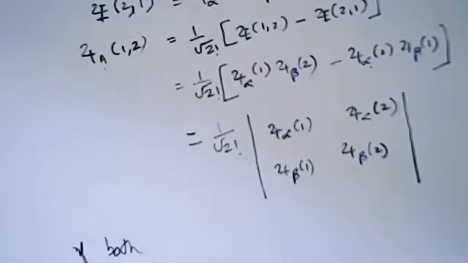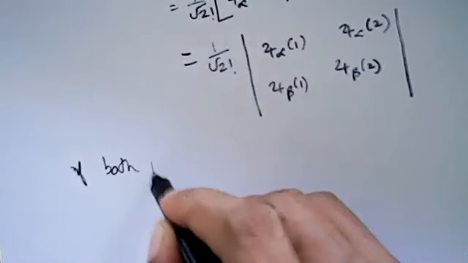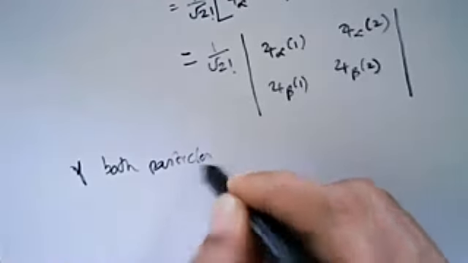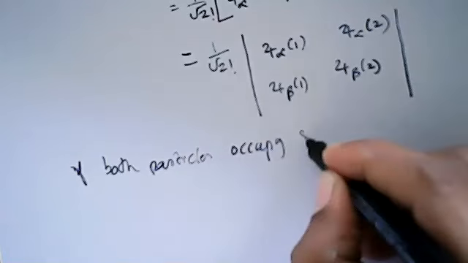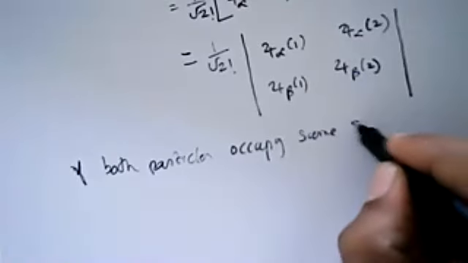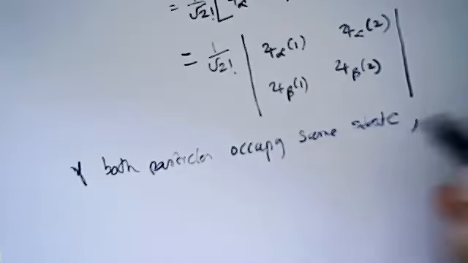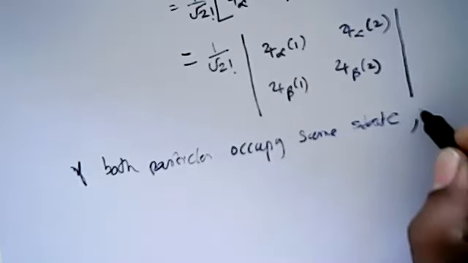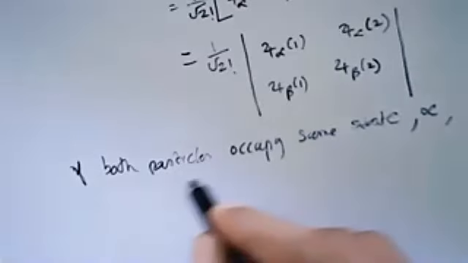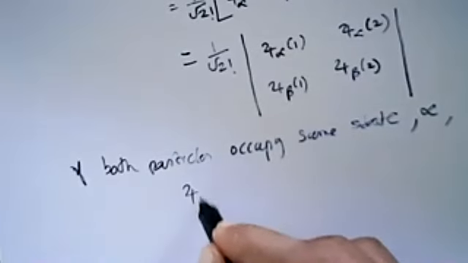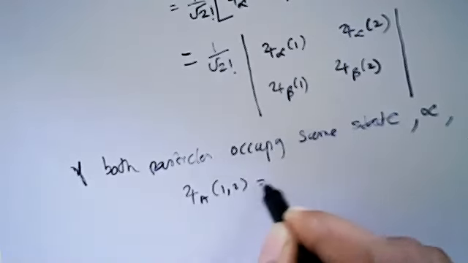That is, if both the particles occupy the same state, that will be alpha, the determinant vanishes because two rows are identical, so that psi A 1 2 is 0.